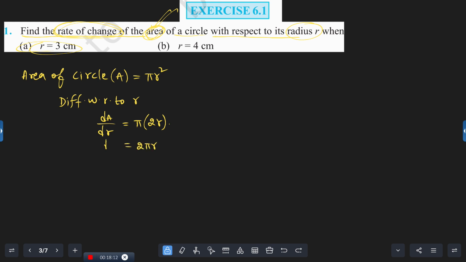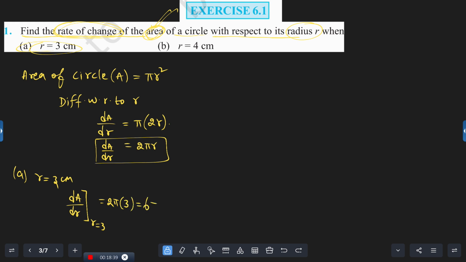dA by dr equals 2 pi r is my answer in general. Specifically for subdivision A, when r equals 3 centimeter, how is the area increasing? That means dA by dr at r equal to 3. This symbol means at. So 2 pi into 3 is 6 pi.